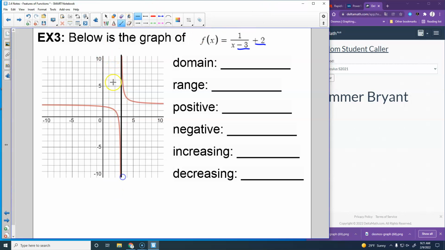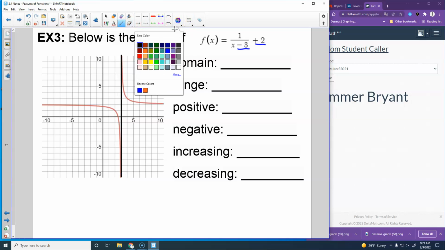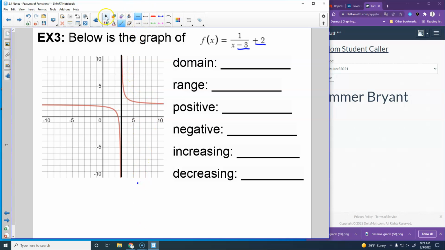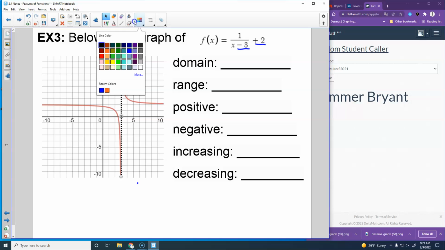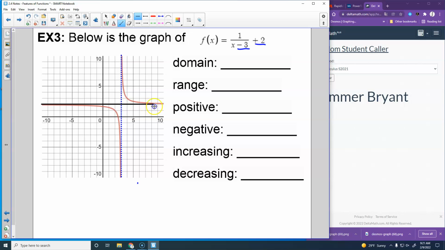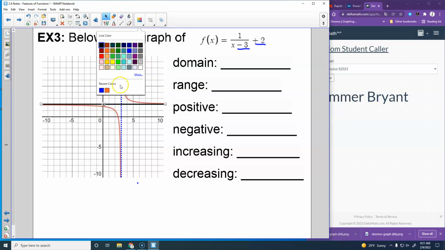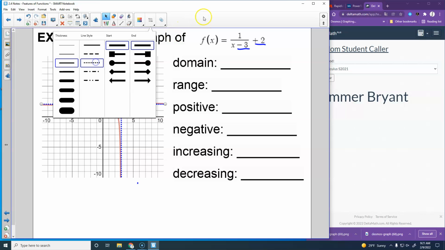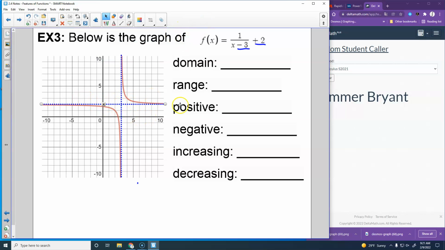So I'm going to put in a line right here and make it dotted and blue. And then I also have a horizontal asymptote here at 2 where I've moved up to.